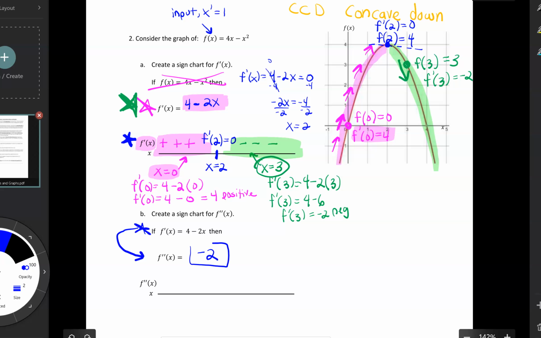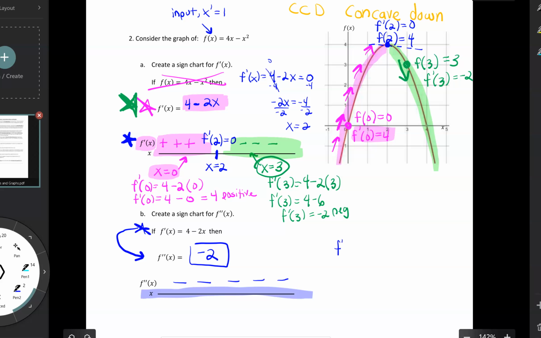So the second derivative is constant again. It's negative 2. That means no matter what input I pick on this number line, the output's always going to be negative. And if the output was positive, we called it concave up. Now the output's negative. We're calling it concave down.